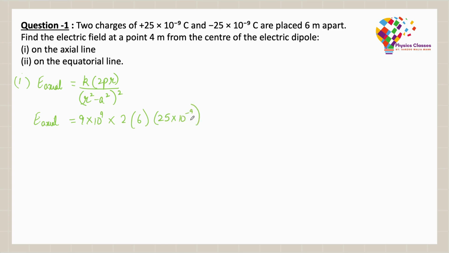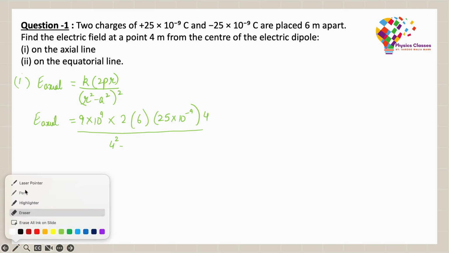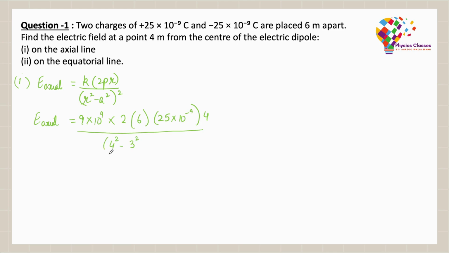And R, which has a distance of 4 meters, upon 4 square minus, not 6 square, sorry, 3 square, because 2A is 6, so A would be 3. So this is 3 square and whole square. Now if you just substitute here and calculate, by putting it on the calculator, I get this value as approximately 55.1 newton per coulomb. So that's my electric field on the axial point.